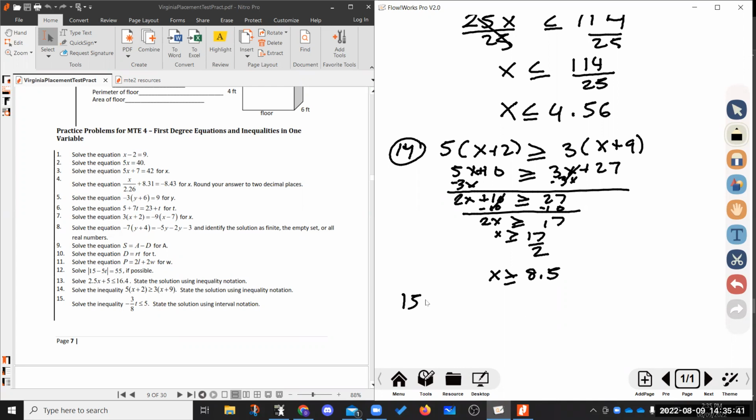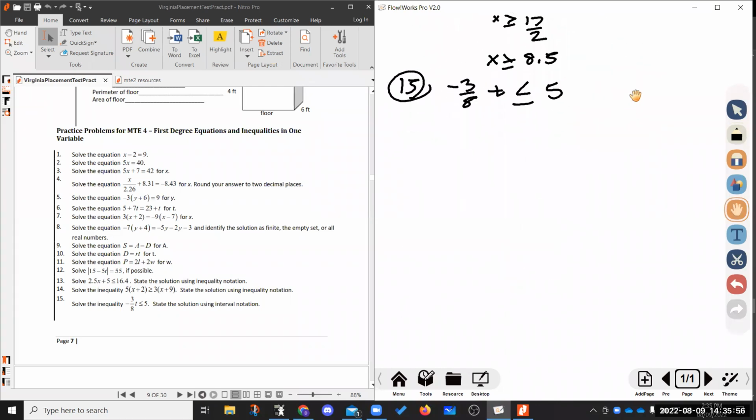Number 15 asks me to solve the inequality -3/8 T is less than or equal to 5. So we're going to multiply both sides of the equation by the reciprocal of -3/8. So we're going to multiply by -8/3 and -8/3.